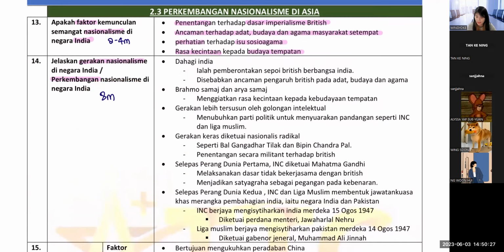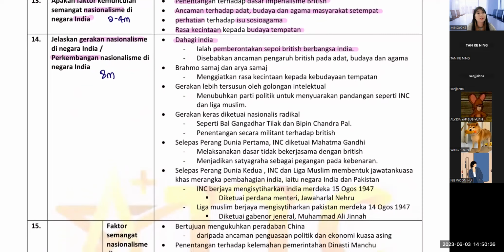For example, Dahagi India. And then you remember is a pemberontakan sepoi British berbangsa India. Brahmo Samaj and Arya Samaj. They fight for what? Their own local culture.